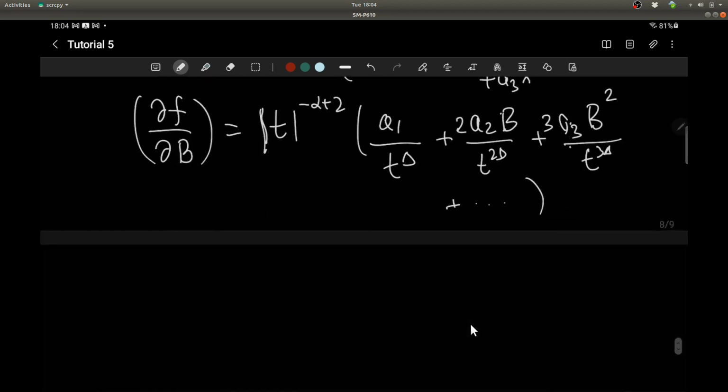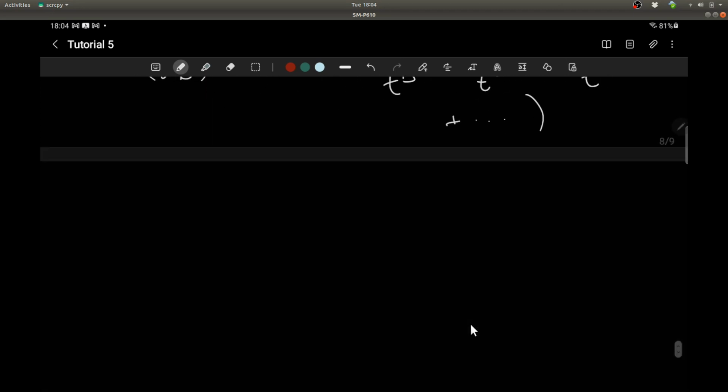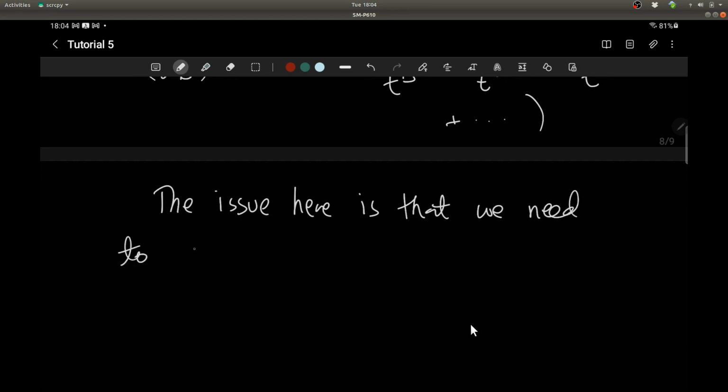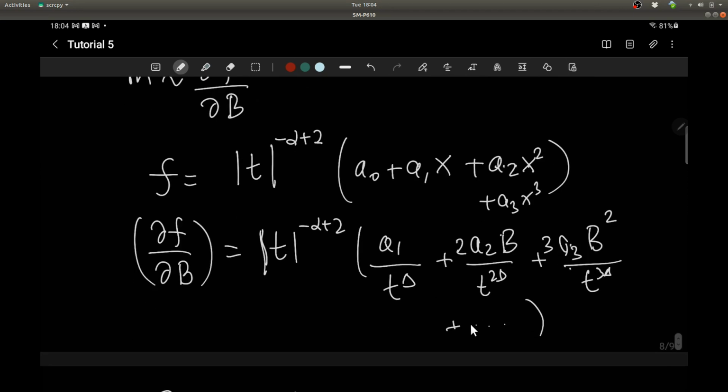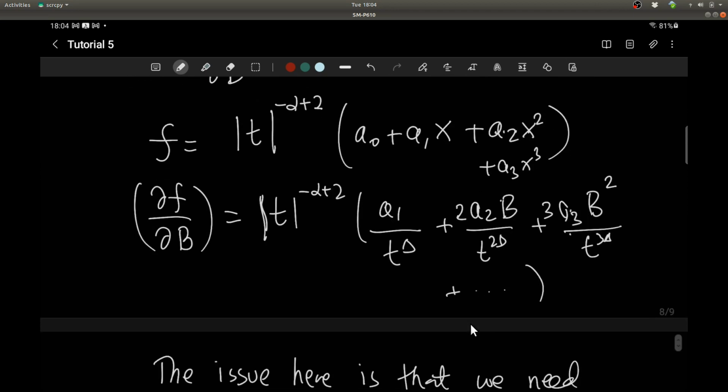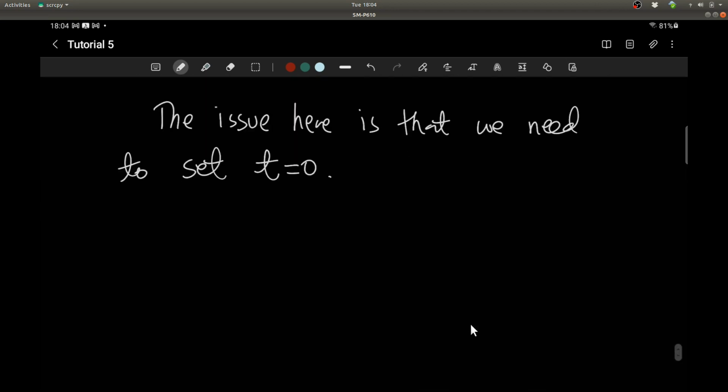The point here is we need to set t equal to 0, so you need to pick out these terms.